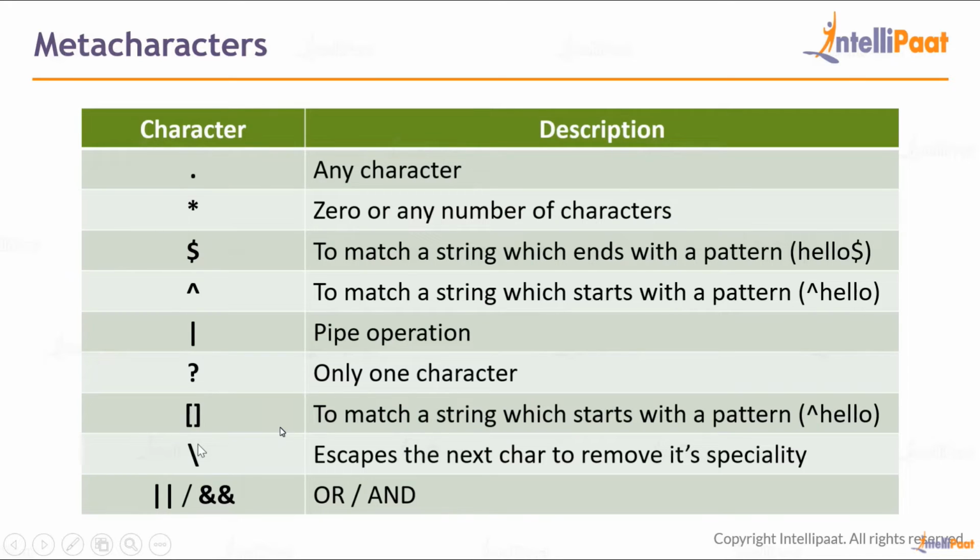And then the backslash, which we saw in the last module, is used for escaping a character, for example when multiplying in the expr expression command. And then there is or and and. The or metacharacter will do this or that, and and will do both.